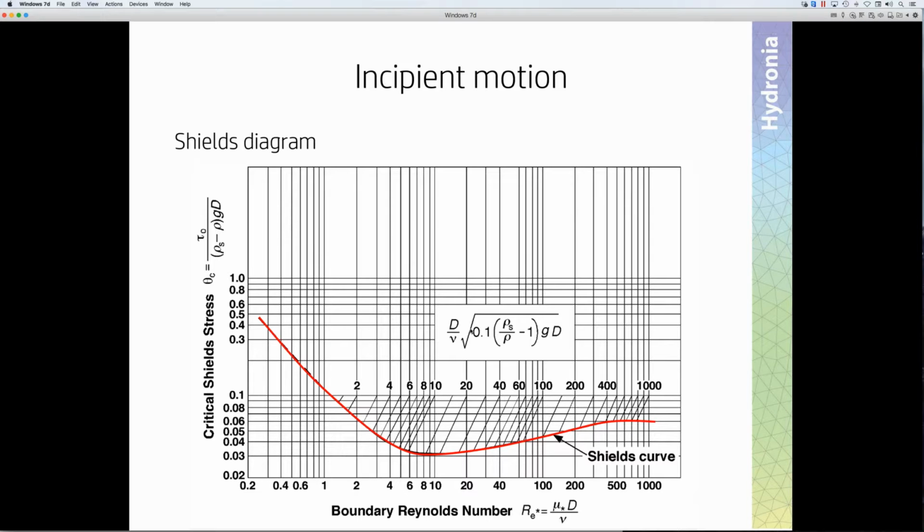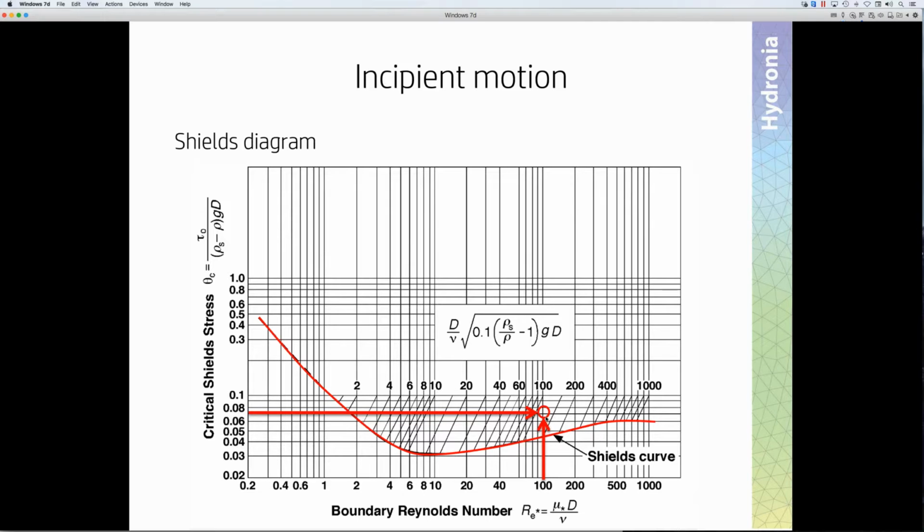Now, what is usually done here is that based on the Reynolds number and the critical shear stress, you can determine if you are above the Shields curve or below. And what this means is that if you are above the Shields curve, the sediment is moving.